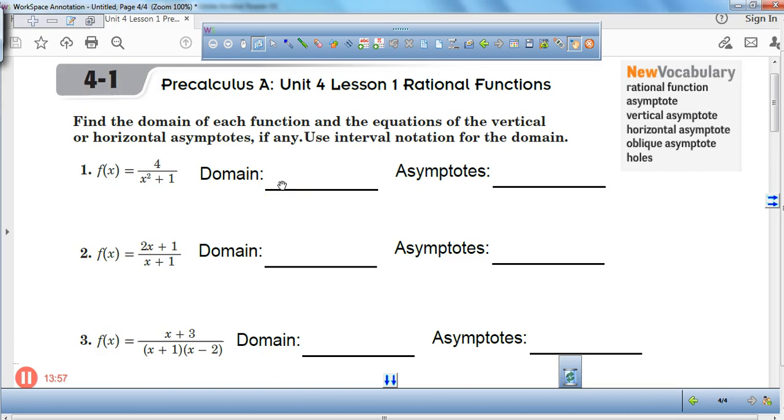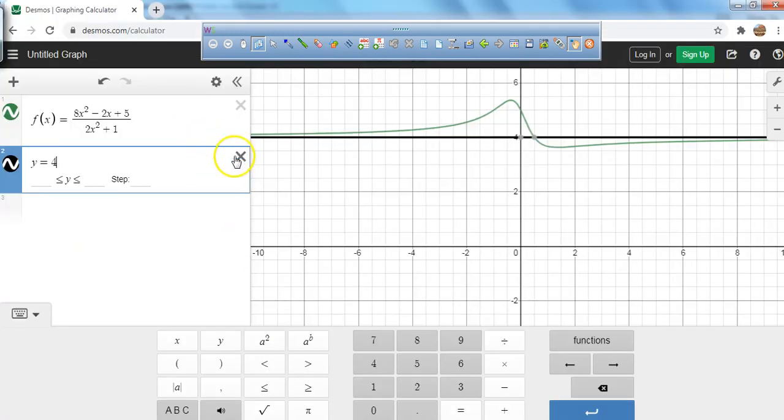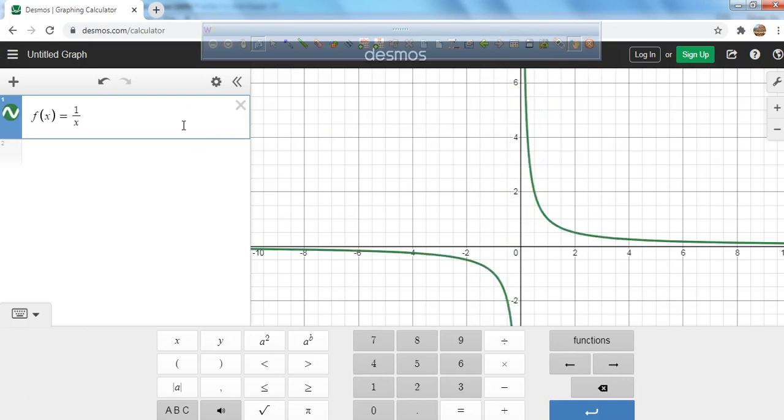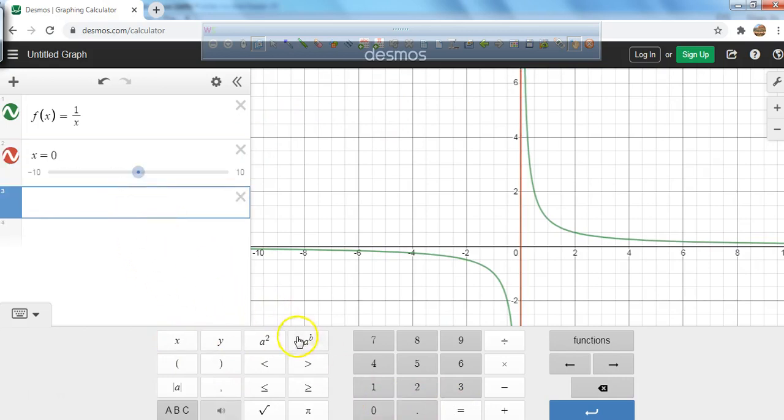So for example, let's go back to our parent function, which is 1 over x. We have 2 asymptotes. We have x equals 0, which is our vertical asymptote, and we have y equals 0.